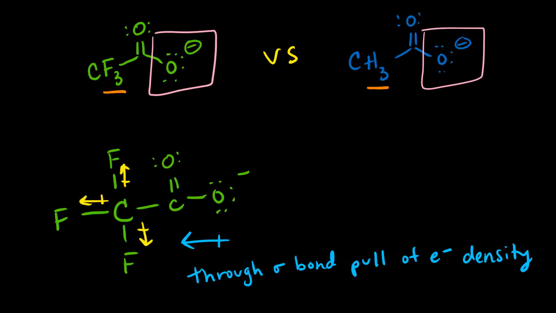And this is called an inductive effect when you get a through sigma bond pull of electron density. You can also have inductive effects where you have a through sigma bond push of electron density. In this case, we're looking at a pull. And so anytime you can pull electron density away from something that's negatively charged, that's going to help to stabilize that negative charge.